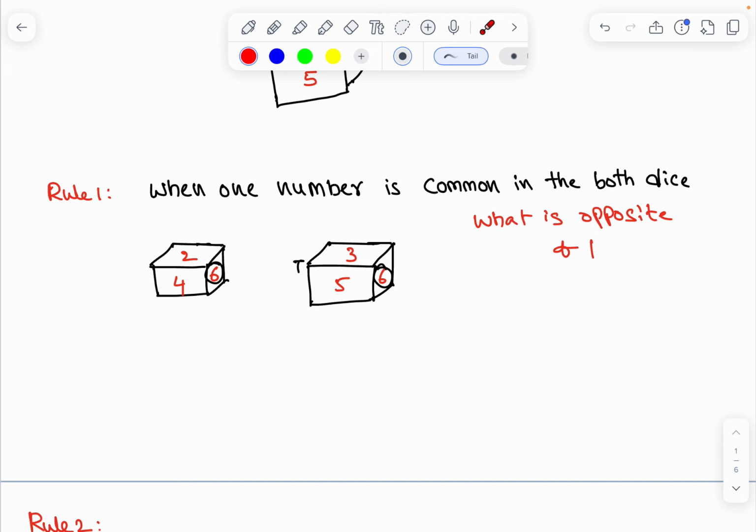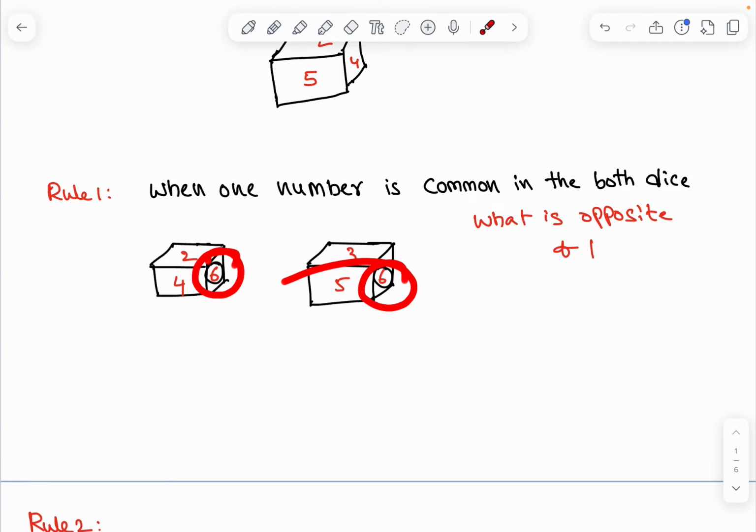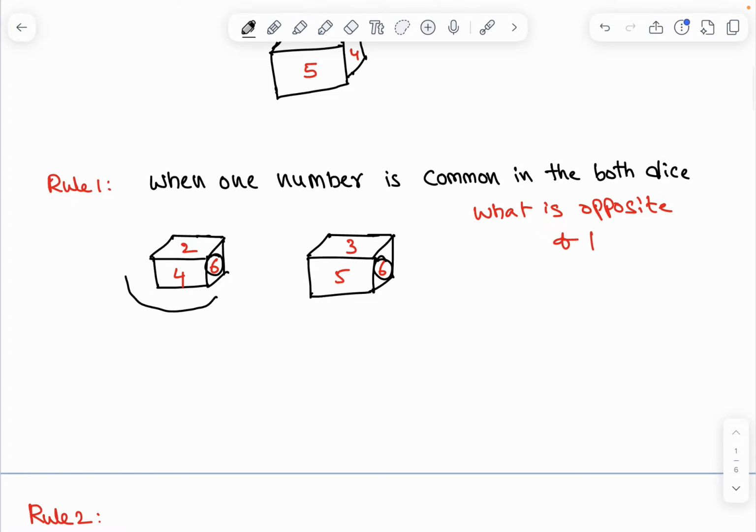The first one, rule 1. When one number is common in both dice, what is the opposite of 1? First of all, you can observe 6 is common in both dice. Then you can write in this way.